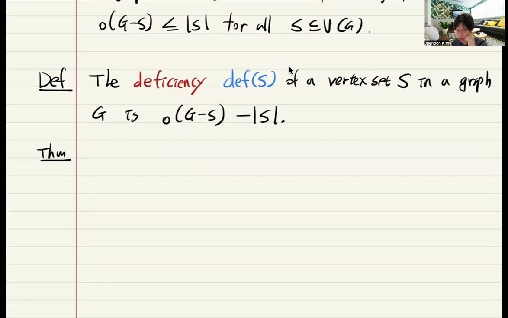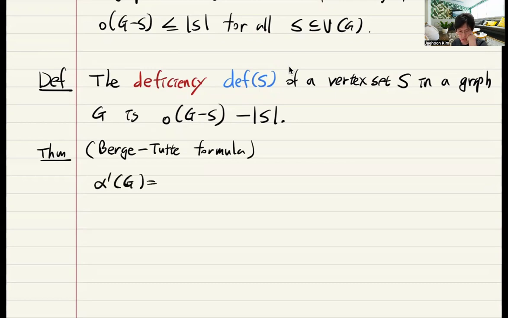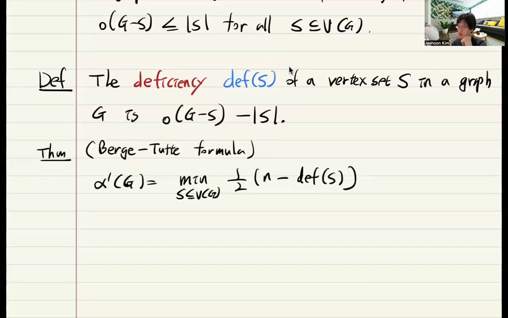That gives you this theorem, which is called the Berge-Tutte formula. The matching number of G is the same as the minimum, over all vertex sets S, of half of n minus the deficiency of S. So you want to maximize the deficiency, which means minimizing this.